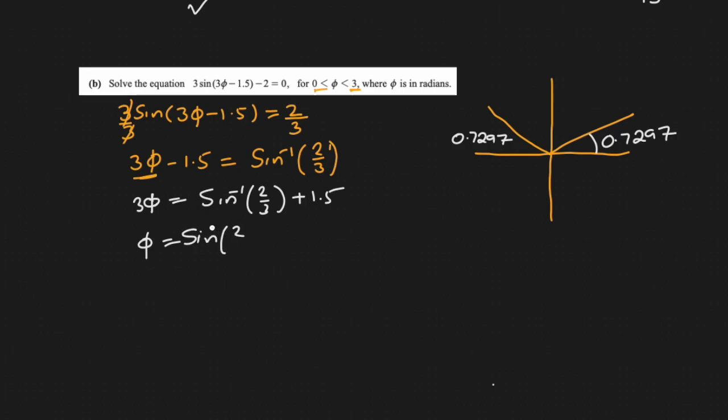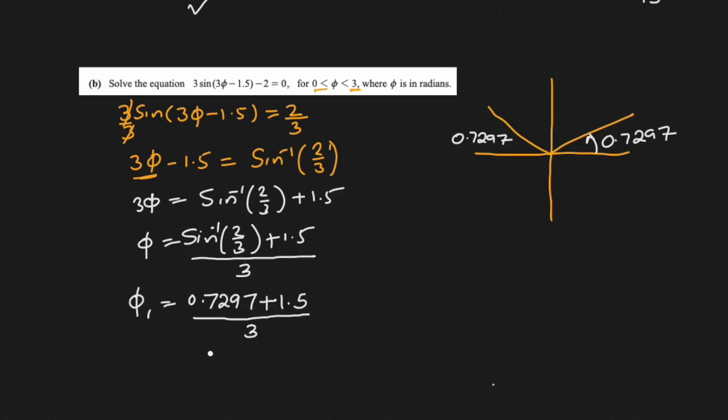Phi equals sine inverse 2/3 plus 1.5, divided by 3. Okay, so let's put the first angle now, 0.7297, in place of this. So the first solution for this will be 0.7297 plus 1.5 divided by 3. Second answer, I will evaluate this later together with other angles.